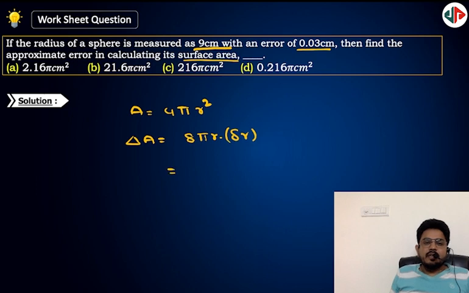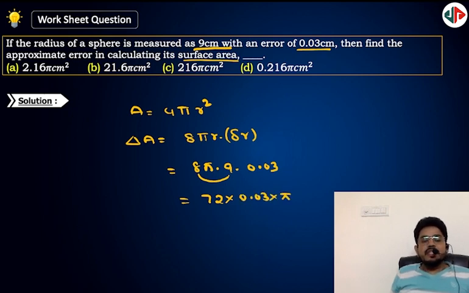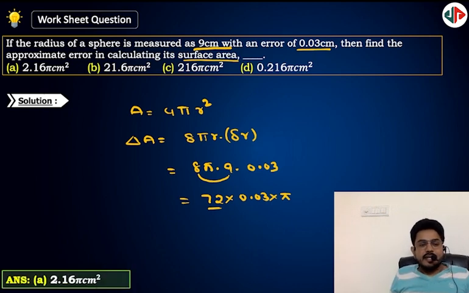It is equal to 8 into pi into 9 into 0.03. This is 72 into 0.03 into pi. So this value will be equal to 72 into 3 is 216. Two decimal points we need to take. Answer is equal to 2.16.